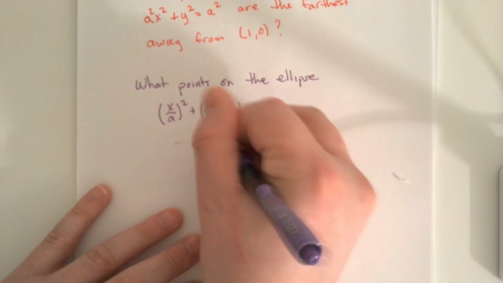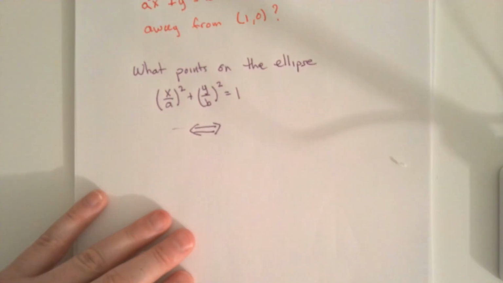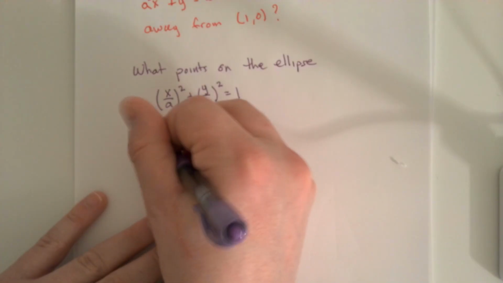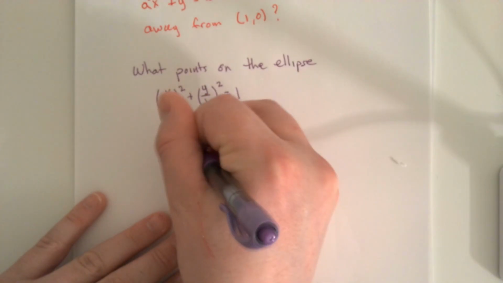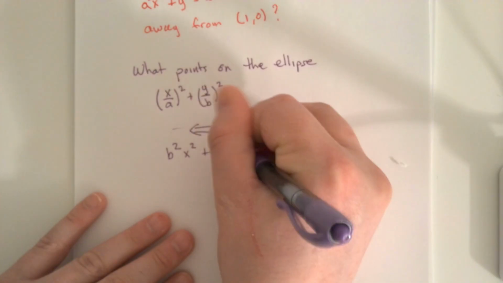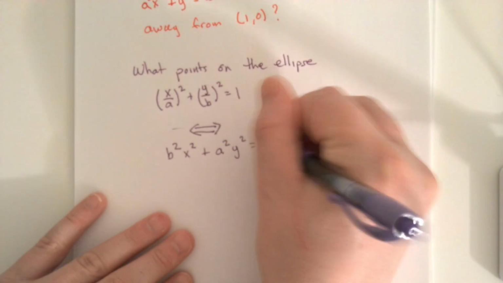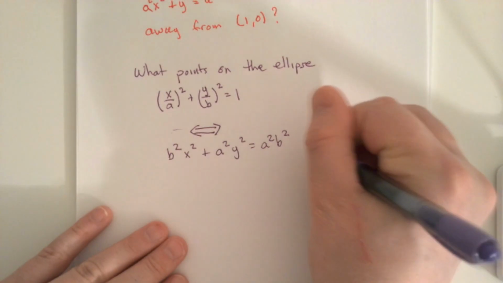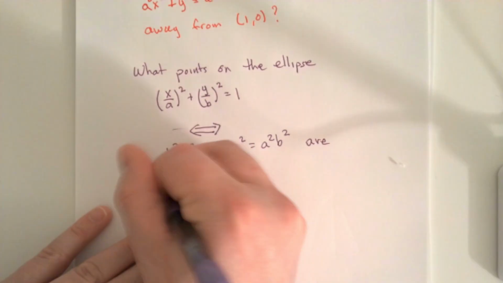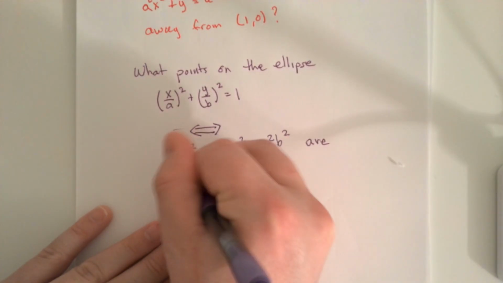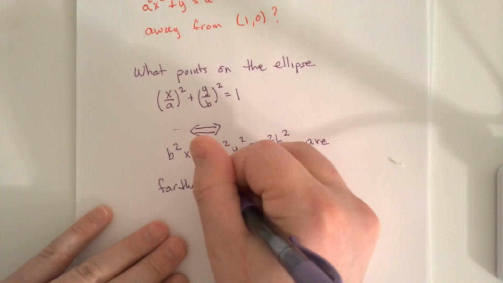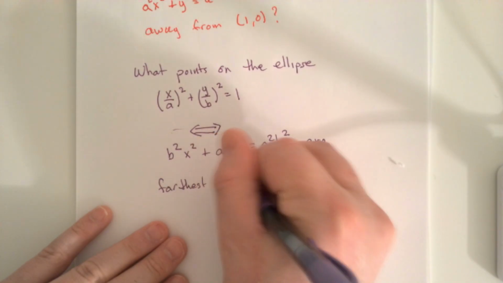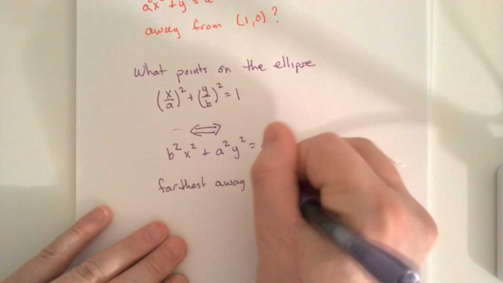I think it would be easier to see if we write it a different way. It is the same as saying b squared x squared plus a squared y squared is equal to a squared b squared. Which points are furthest away from the point.